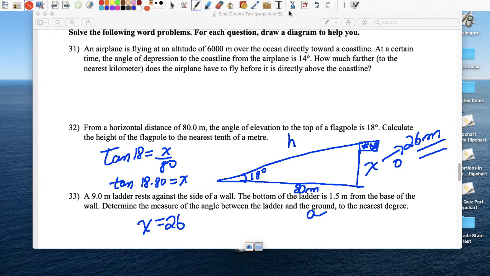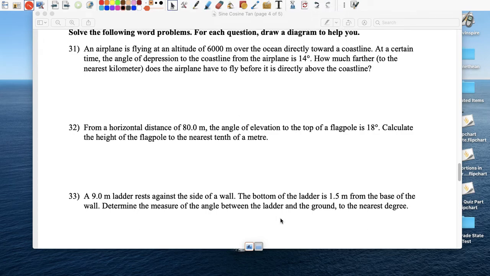I don't know why they say a tenth of a meter when the angle is 18 and the horizontal distance is 80. All right, next.